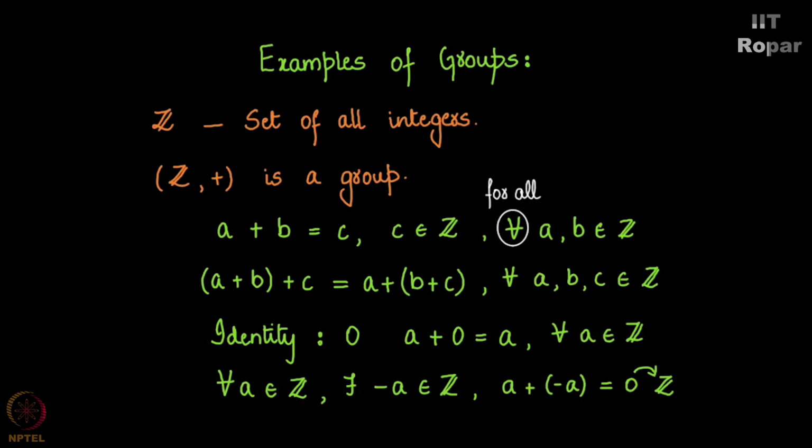It is the identity. So, you take an integer, the negative of it is the inverse of that particular a. So, Z with plus is a group. It satisfies closure, associativity, it has an identity and it has an inverse.